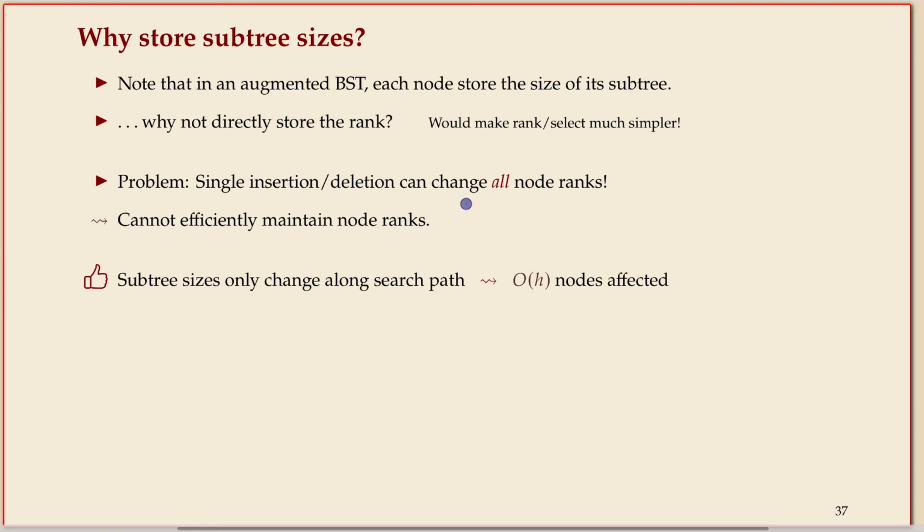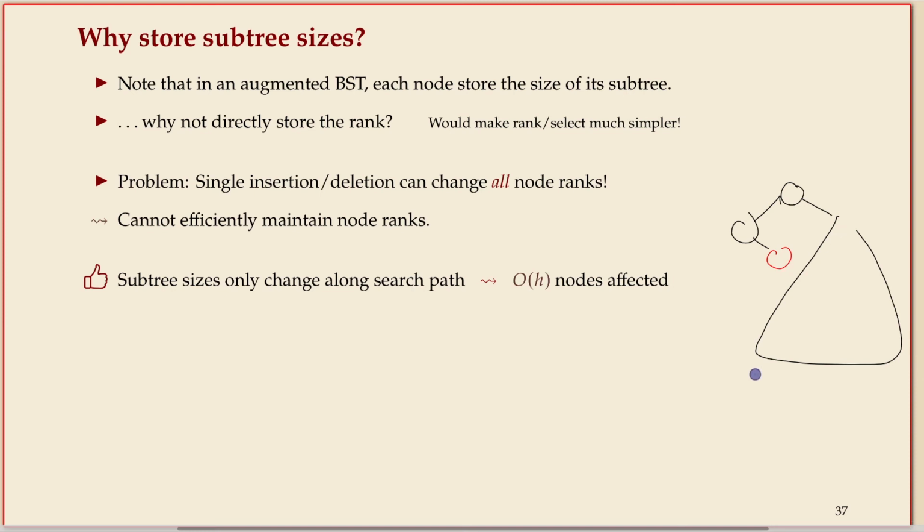So if you kept the ranks, imagine there was a huge subtree over here, and you're inserting a new element here. The insertion of this new element was cheap, right? You just walk down 2 steps, stick the new node there. Suppose there was a null pointer before.